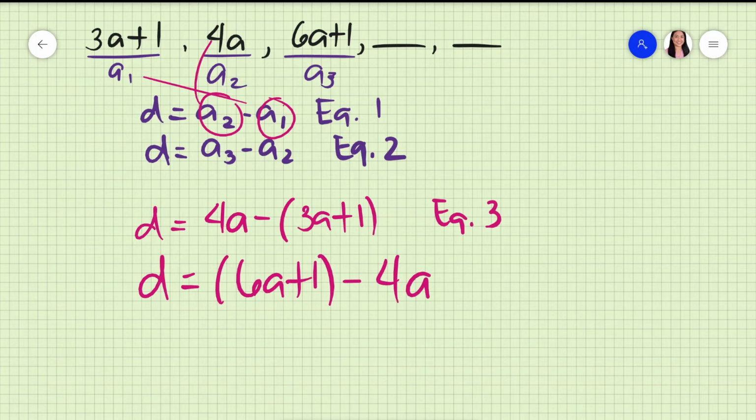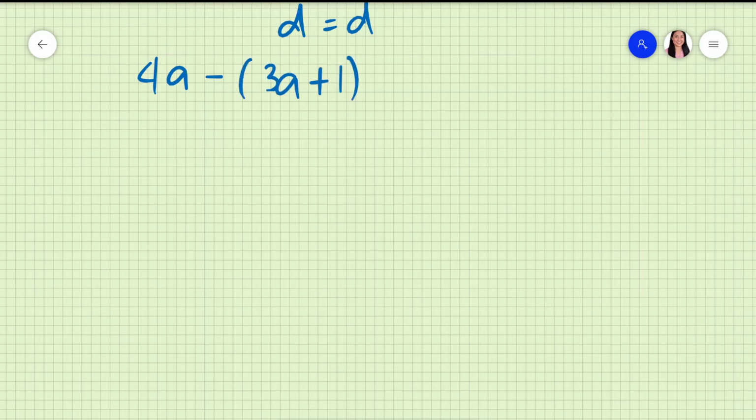And this will give us our equation 4. Since D is equal to D, we can equate equation 3 and equation 4. And it will give us 4A minus quantity 3A plus 1 in equation 3 is equal to equation 4, which is quantity 6A plus 1 minus 4A.